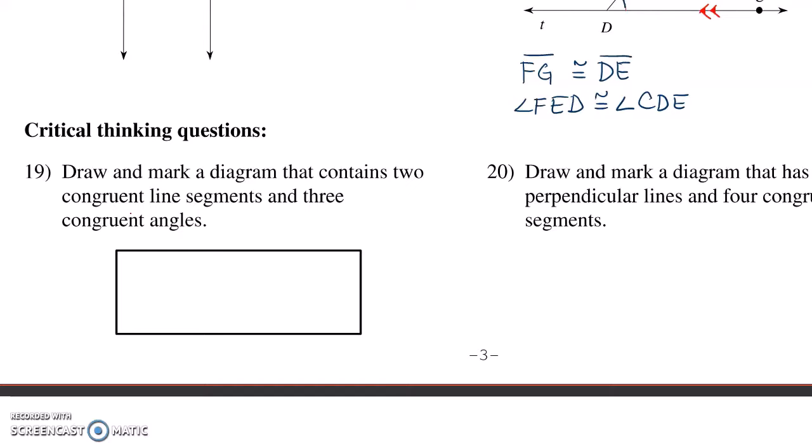Even though we don't have the definition of that yet until chapter 5, it'll just allow me to draw and mark a diagram that contains 2 pairs of congruent line segments and 3 congruent angles. There were a number of different solutions. That is by no means the only one.